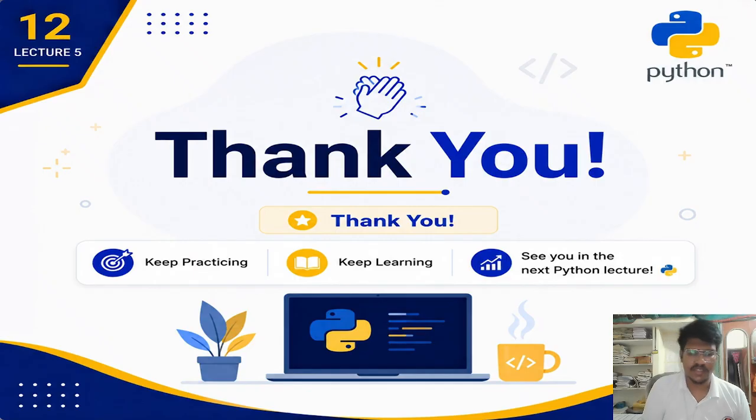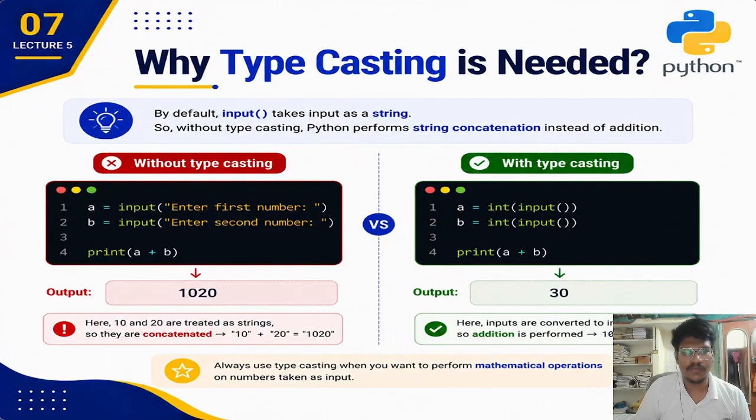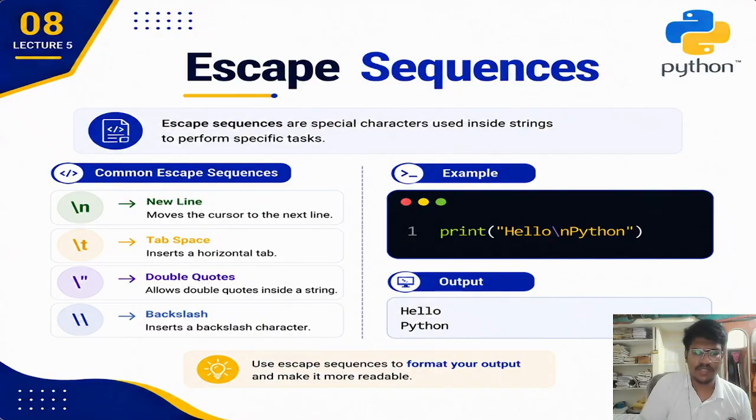The first was escape sequences. Slash n is used for new lines, slash t is for tabs, double slash is for a backslash, and backslash with quotes is for quotes. They control string formatting.